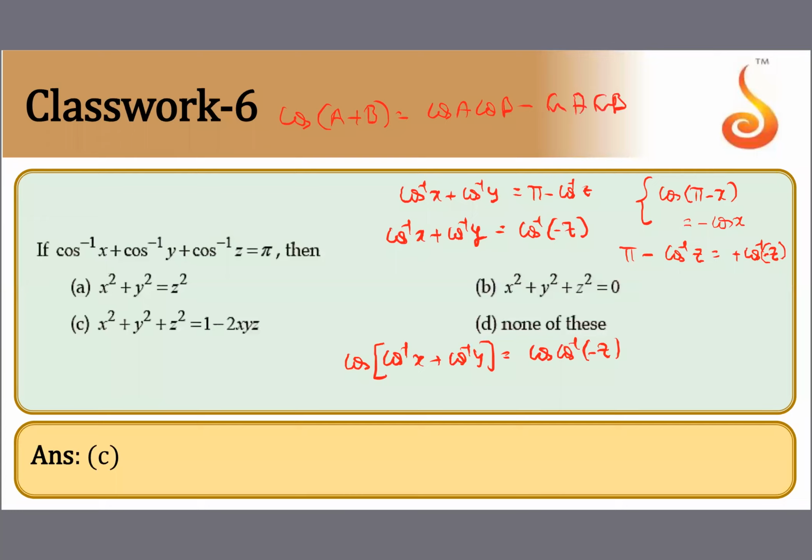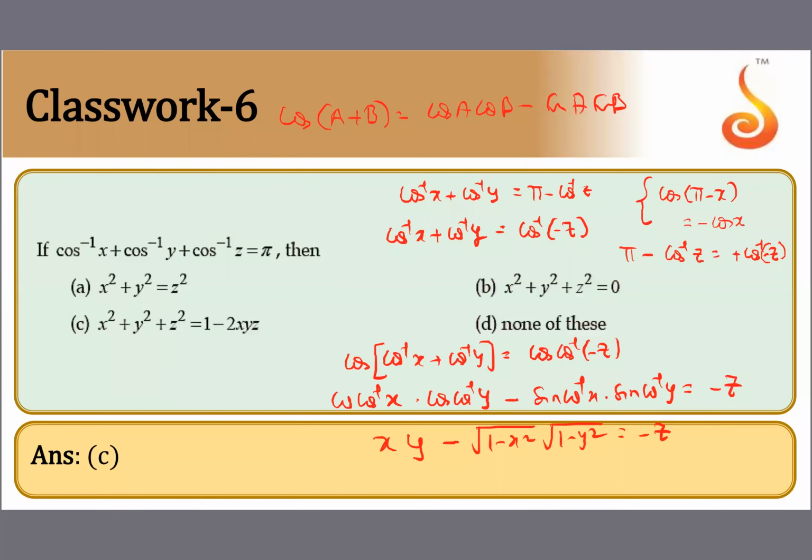So cos of cos inverse x into cos of cos inverse y minus sine of cos inverse x into sine of cos inverse y is equal to minus z. So this will give you xy minus under root of 1 minus x square, under root of 1 minus y square equal to minus z.